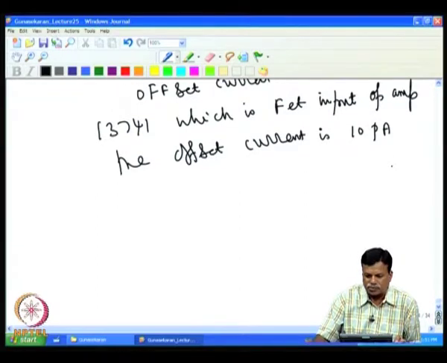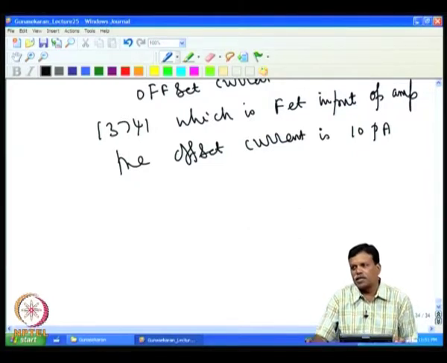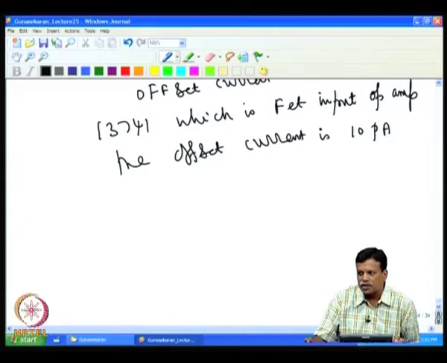So, the offset current drift also comes down, and the error introduced by that also will be less. So, if you really want to use very high resistance values, then one has to go for a FET input op amp.